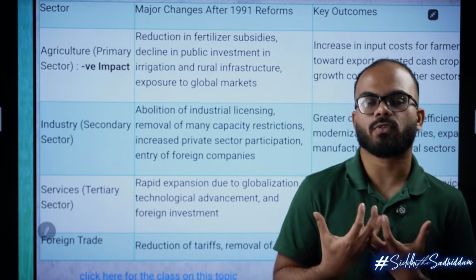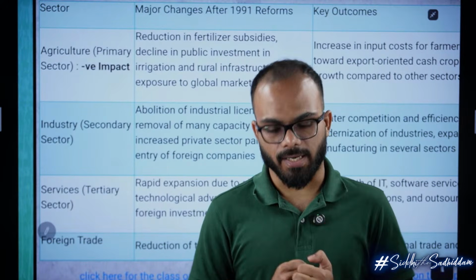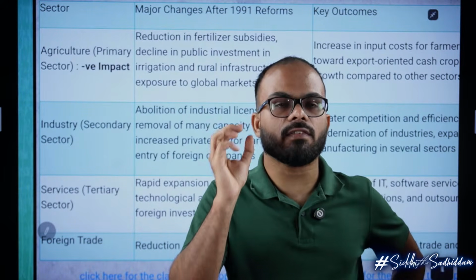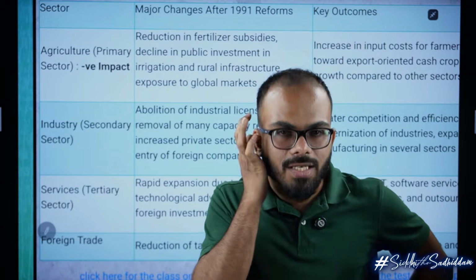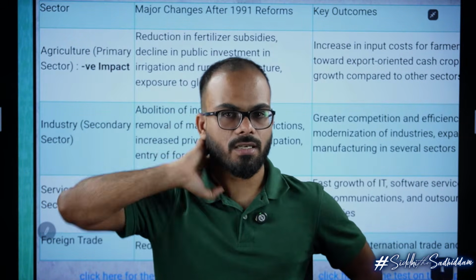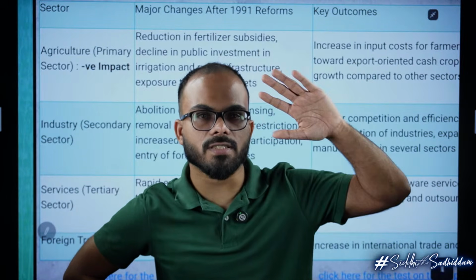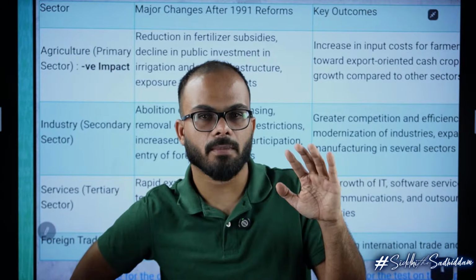See, after these reforms were introduced, there are certain sectors that got positive impact and certain sectors where there was negative impact. The only sector that faced a negative impact is the agricultural sector. In agriculture there was a decline in public investment.